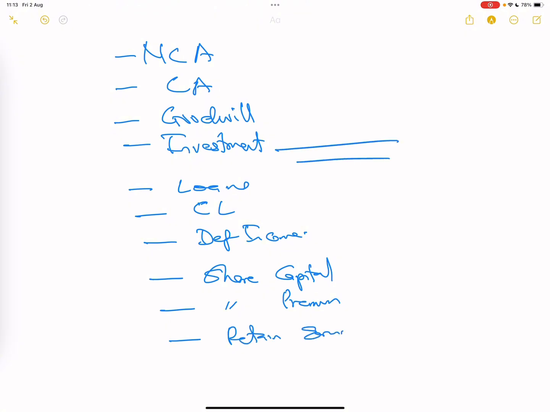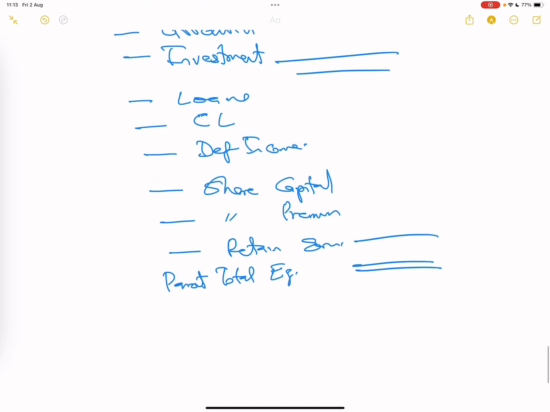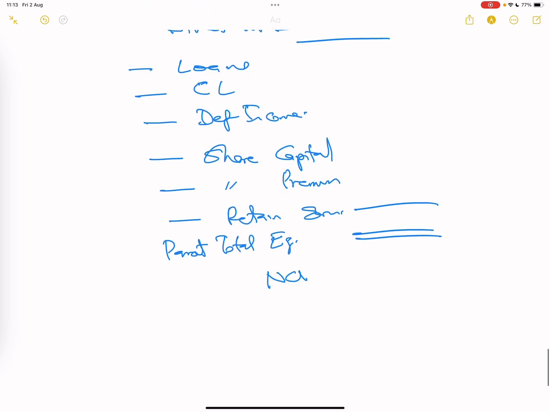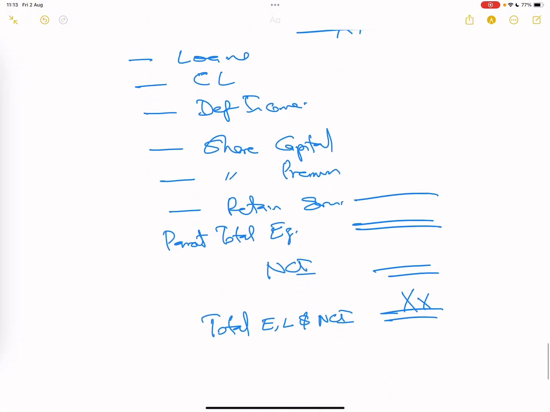So here you have total assets, and here you have total equity. This is for the parent. Then you now have your NCI. Then you have total equity, liability, and NCI. This will be equal to this, and that's when you are balanced.